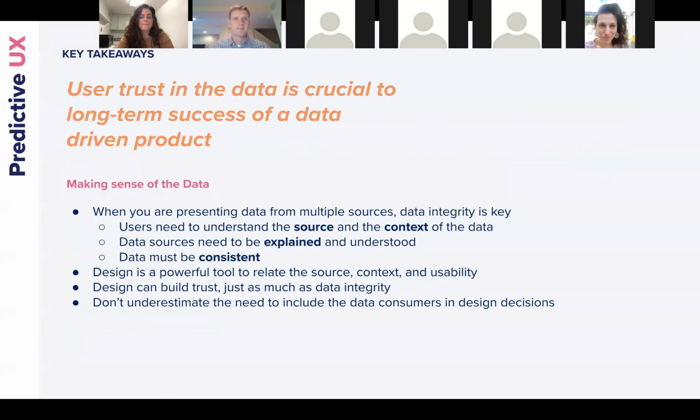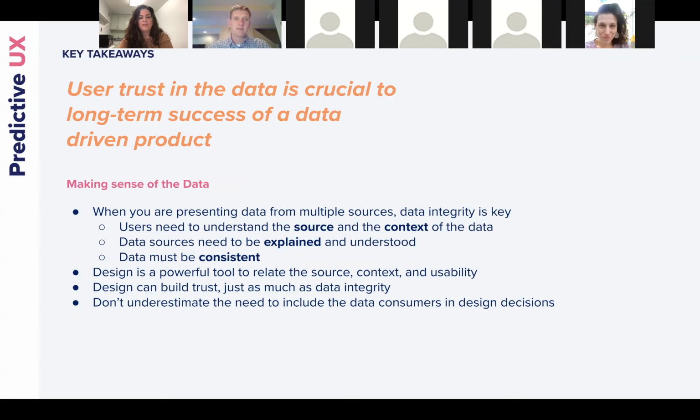All right. So two key areas I want to pull out from this project. One is on the data and the presentation of the data, and this gets to data integrity. Users need to understand where the data is coming from and what the context of the data is.